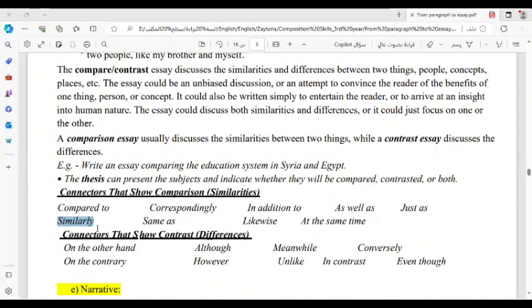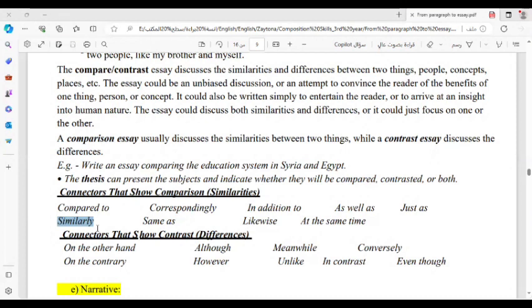After similarly you will have a comma, which is الفاصلة. Similarly, the education system in Egypt is not expensive. I will repeat it: the education system in Syria is free; similarly, the education system in Egypt is not expensive.